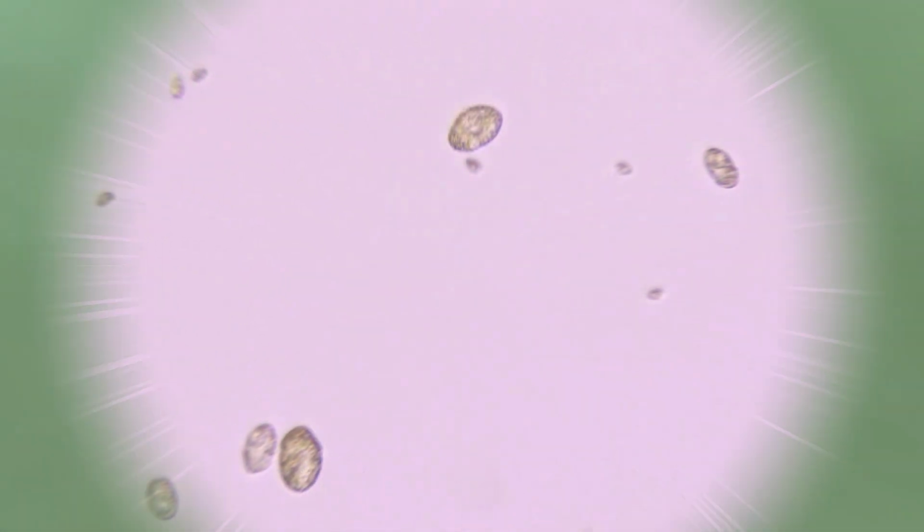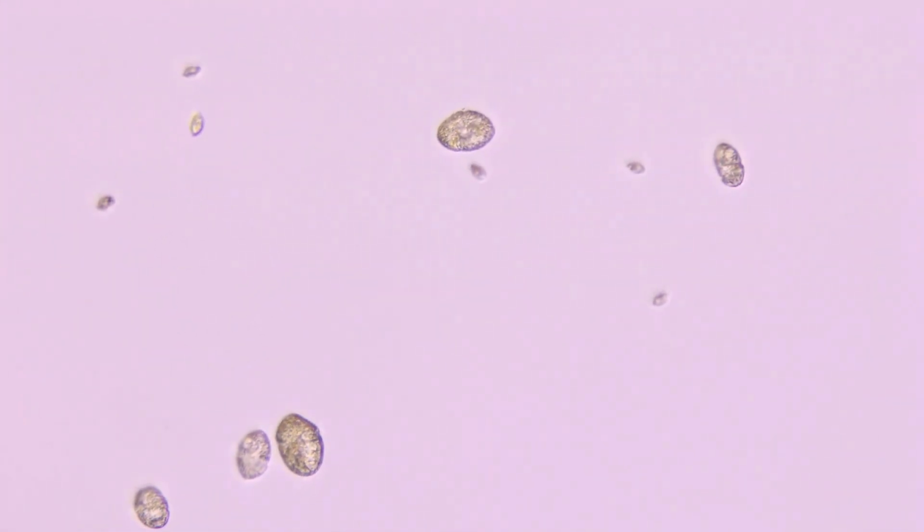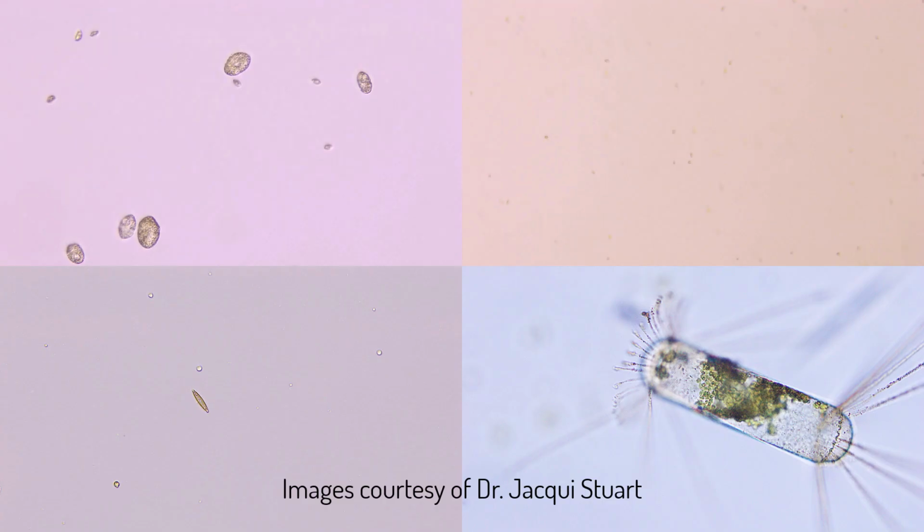Especially microalgae rely on sunlight to create energy, and that then gets passed on to other critters that eat them. So what we're trying to see is how these shifts in snow cover are going to affect that community living in that ice down there.